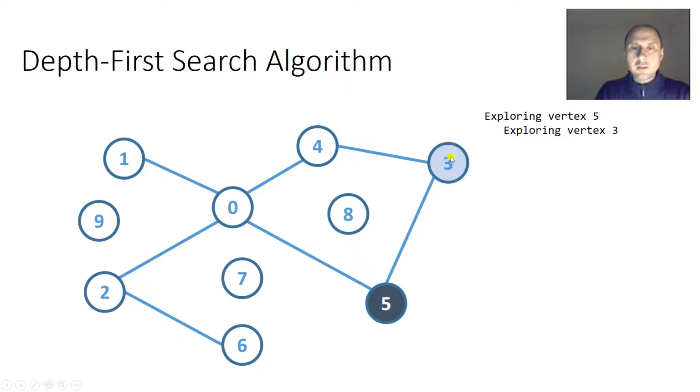Now that it has explored vertex number 3, it will progress downwards. Contrary to, for instance, the breadth-first search algorithm, the depth-first search algorithm tries to find the fastest possible way to reach the ending vertex.